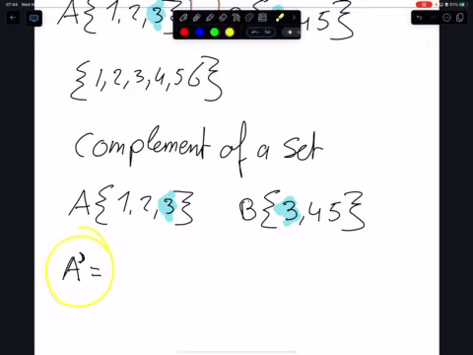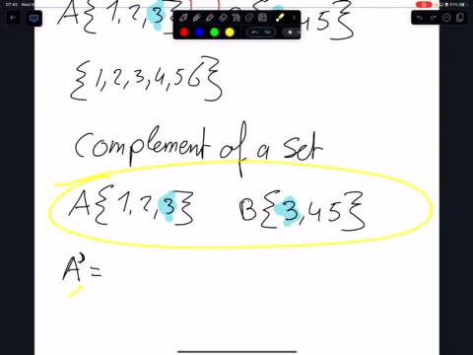A apostrophe. Yes? That is called the complement. So A apostrophe is defined as everything not in A. So the first step is look at what's in A. A is 1, 2, and 3. Remember, I'm looking at both sets.